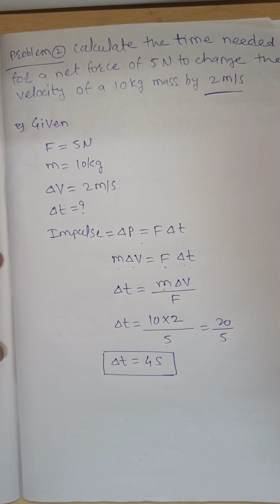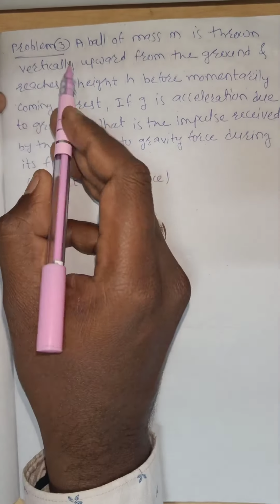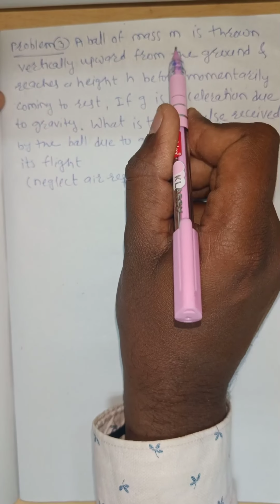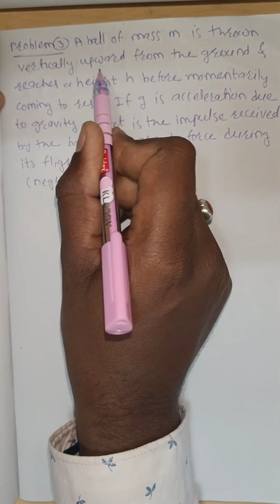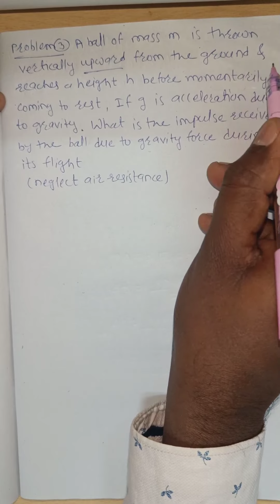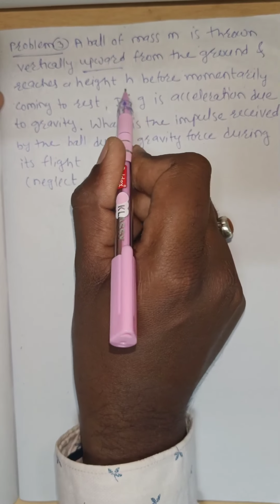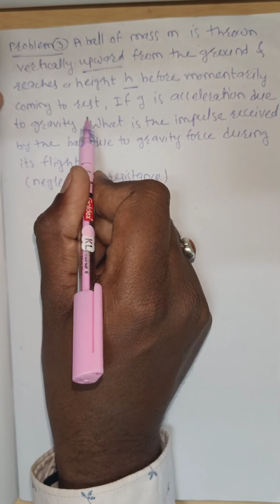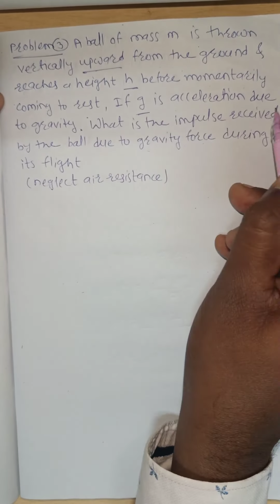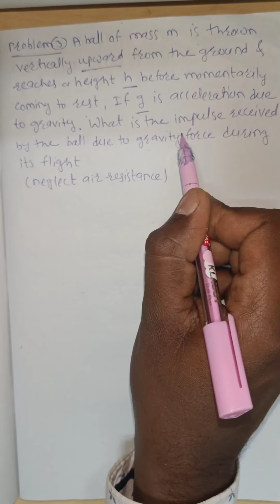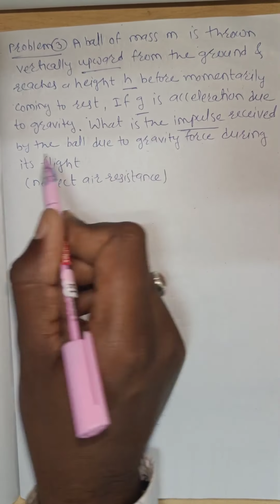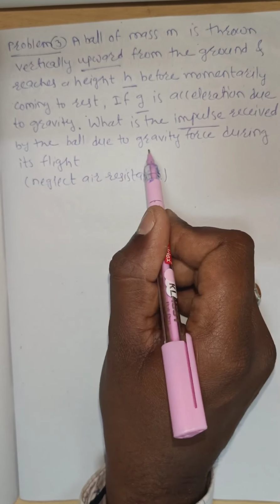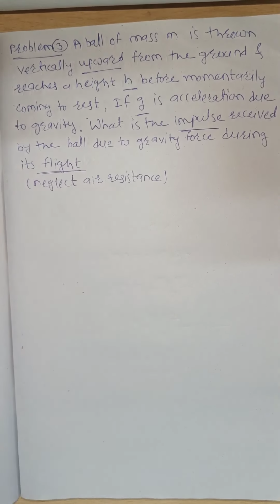Now we have to see problem number 3. A ball of mass m is thrown vertically upward from the ground and reaches a height h before momentarily coming to rest. If g is the acceleration due to gravity, what is the impulse received by the ball due to the gravity force during its flight?